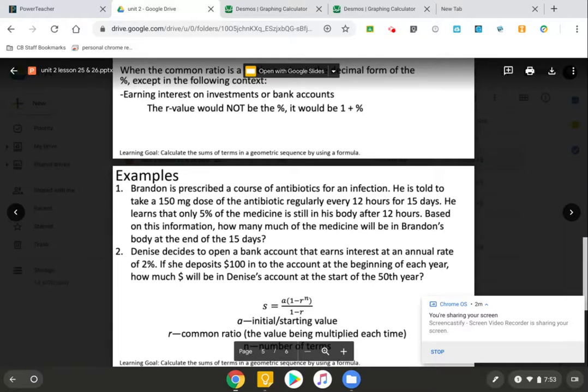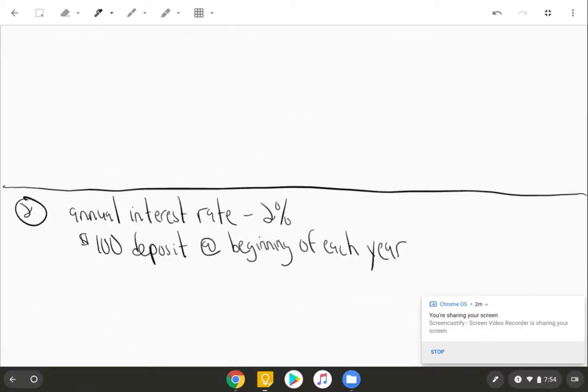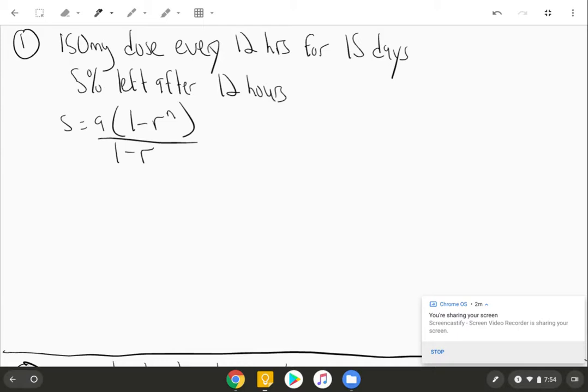Based on this information, how much of the medicine will be in Brandon's body at the end of the 15 days? So let's look at number 1 over here. We are taking a 150 milligram dose every 12 hours for 15 days, and we know that there's 5% of that medicine left in the body after 12 hours.